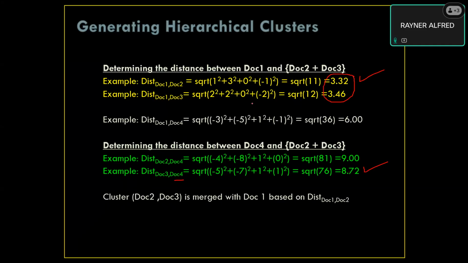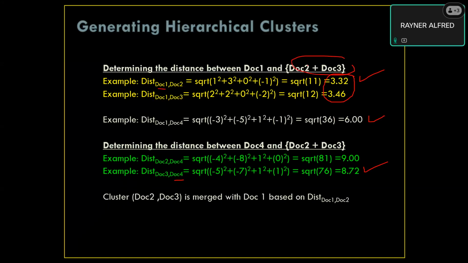Okay. So that means when we try to find the distance between two clusters, we do not use the centroid. We use the shortest distance between two members of different clusters. So in this case, we find this one and that one and this one. So from these three, we decide, okay, document 2 is nearer to this cluster.